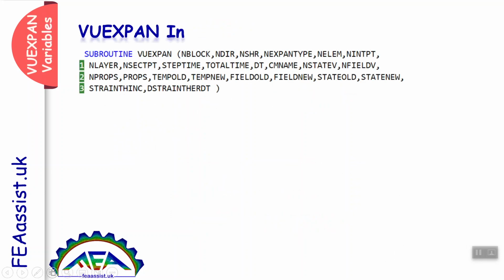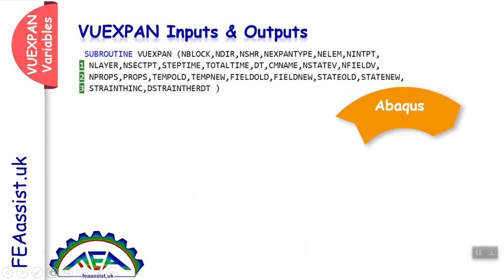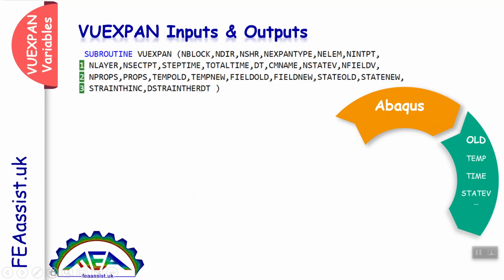VUMAT variables, VUMAT inputs and outputs. VUMAT has some inputs, we need to get those inputs, process them, and export new variables as outputs into Abaqus. In other words, Abaqus computes the temperature, time, state variables, and transfers these variables as inputs into the VUExpand subroutine.